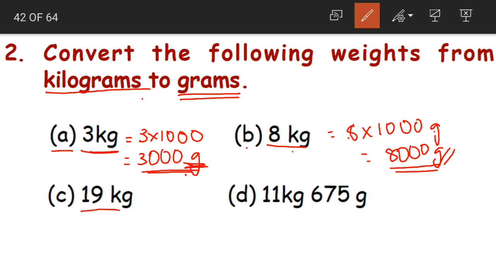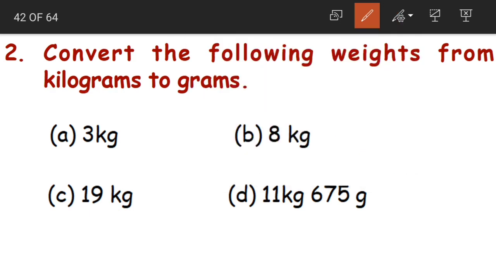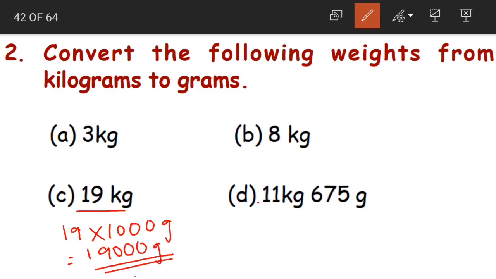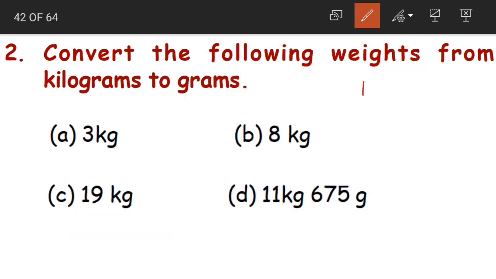The next one is 19 kilograms. Now again 19 kilograms is nothing but 19 into 1000 grams, that is equal to 19,000 grams. And lastly, we have 11 kilograms and 675 grams here, children. See this, first we'll write it as 11 kilograms plus 675 grams.